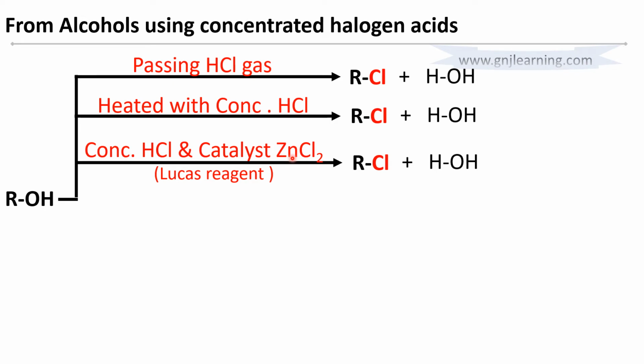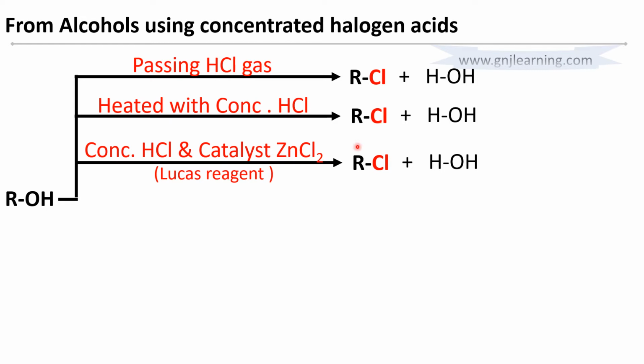So in all these cases, what I am getting is chloroalkane: passing HCl gas, which means there are only HCl molecules there, or adding concentrated HCl and heating, or instead of heating adding zinc chloride as catalyst.